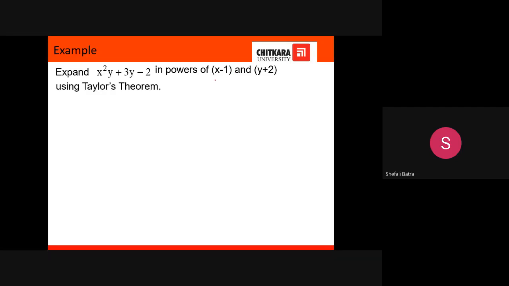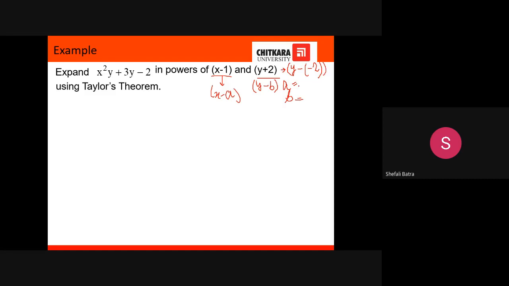Formula number 2, in which we have shown in the powers of x minus a and y minus b. So now you tell me what will be the value of a and what will be the value of b. We will compare these with x minus a and y minus b. Right? So I can rewrite it y minus of 2.